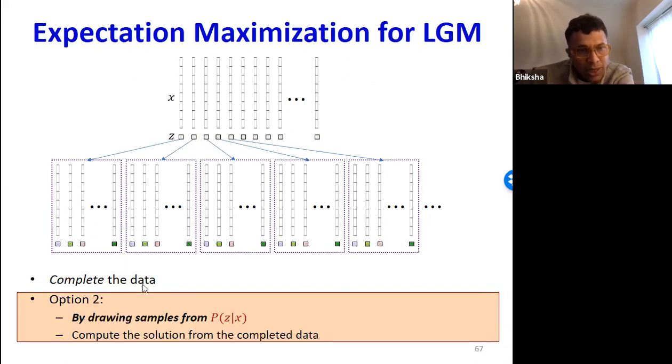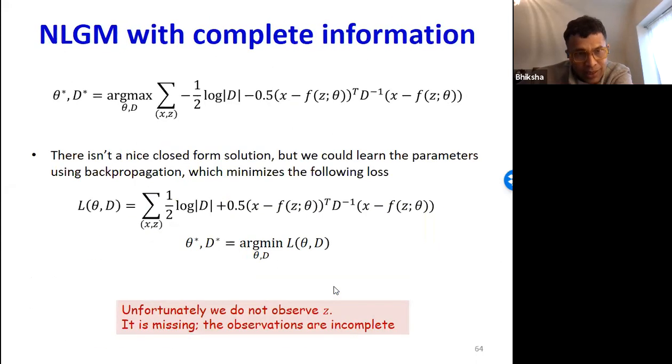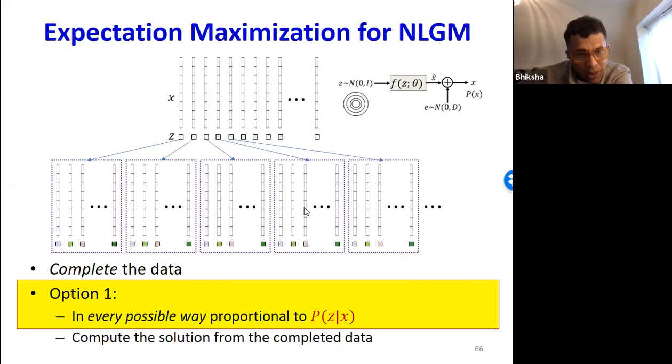So we're going to consider option 2. We are going to complete the data by drawing samples from p of z given x. And then once you've drawn the samples, you have completed data, and then I can use this formulation to estimate the parameters of the nonlinear Gaussian model.